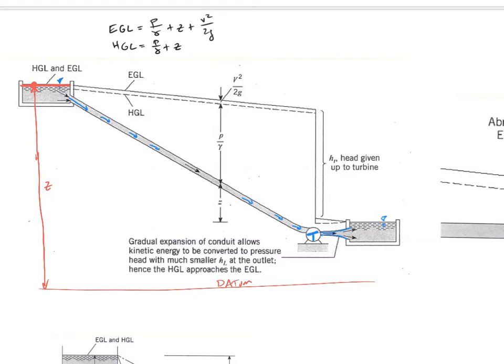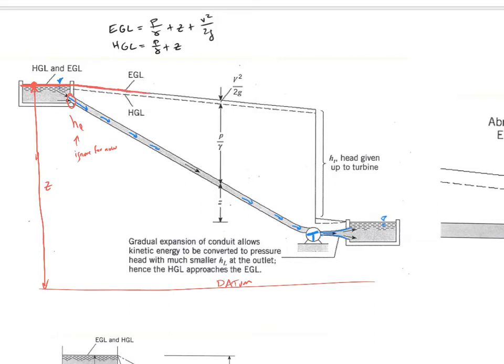Now what happens as we move along? We're going to get here, and we're going to start to flow. As we start to flow, there's actually a head loss right here, a head loss that is not accounted for in this drawing. So we're going to just ignore it for now, and I'll show you how to deal with that. There's a head loss as it enters. But notice, as we start to flow down this pipe, we're going to lose some energy, and every foot we move along that pipe, we're going to lose a little bit of energy.